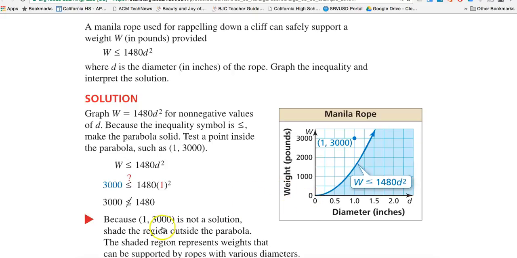The way to interpret this is that the shaded region represents all the weights that can be supported by ropes with various diameters. If we pick a rope that has a 2-inch diameter, we can support all the weights in this area below the parabola.